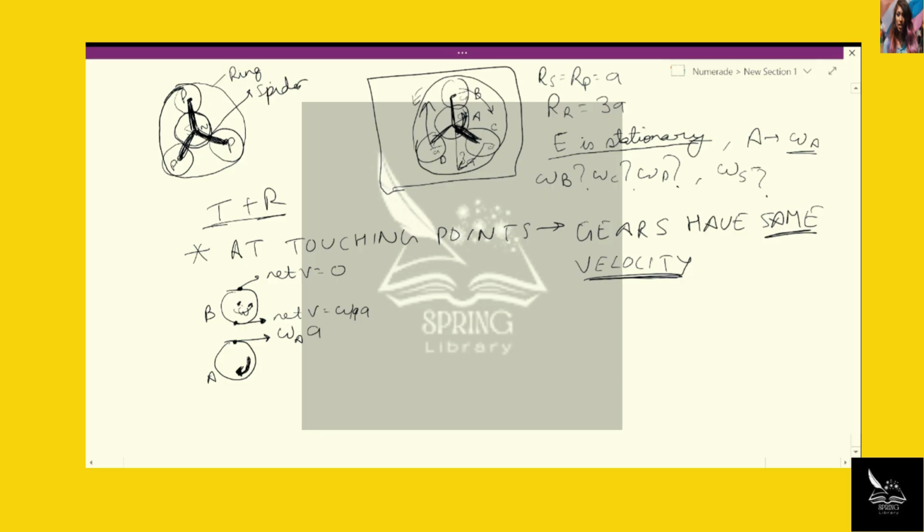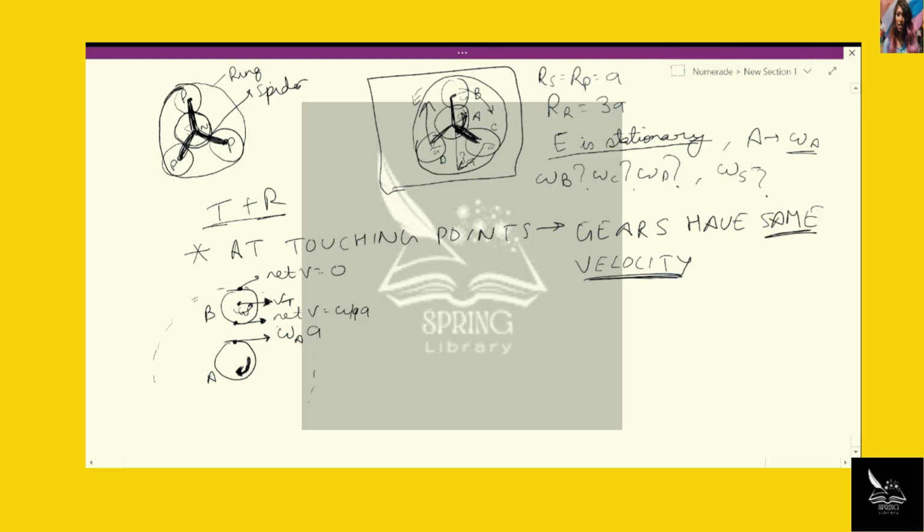And the translational velocity at a point will be along the tangent to the ring because they are moving along this ring. So here, let us assume that Vt is in this direction, which you can follow by figuring out that if A is moving in a certain direction, then all the other gears will move in the other direction, and this should be the direction of Vt.